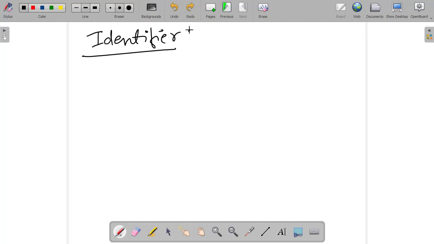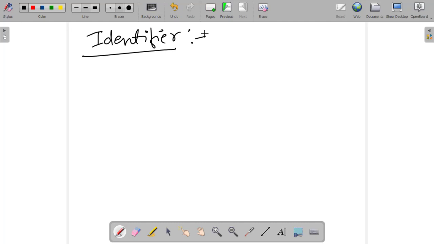Identifier means we are giving a name to something. In programming we are giving a name to something, so those are identifiers. There are very different concepts in programming, like functions, variables, arrays, structures. So those are all concepts. We give them a name to identify them, so that is called the identifier.